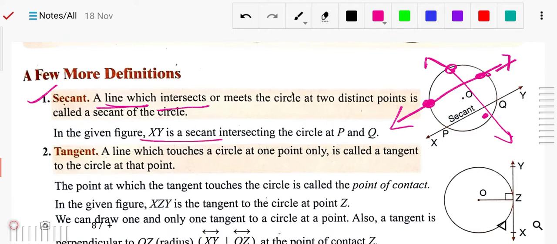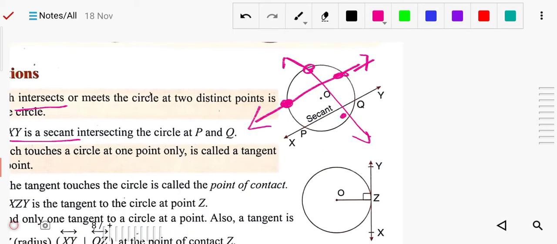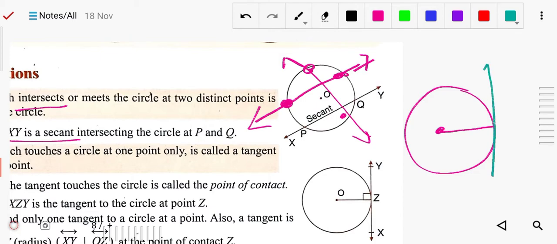Next we have the tangent. A line which touches a circle at one point only is called a tangent to the circle. Means a tangent will be like this, if this is your circle. It will be touched at only one point, not more than one point, and here it will make a 90-degree angle.